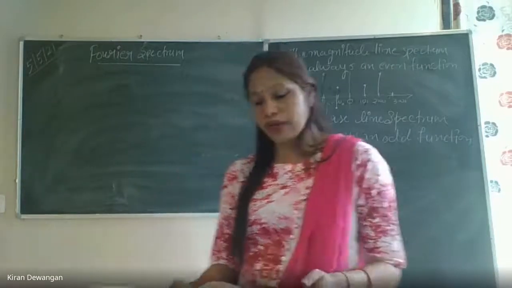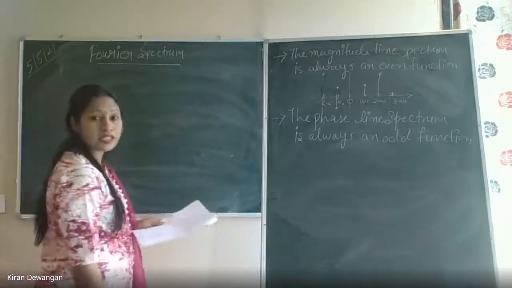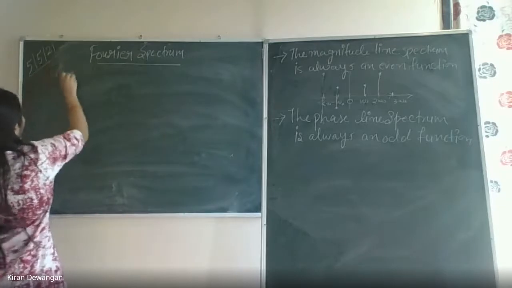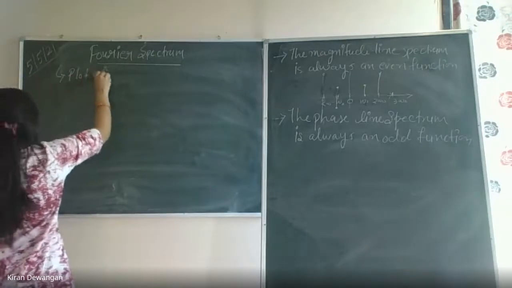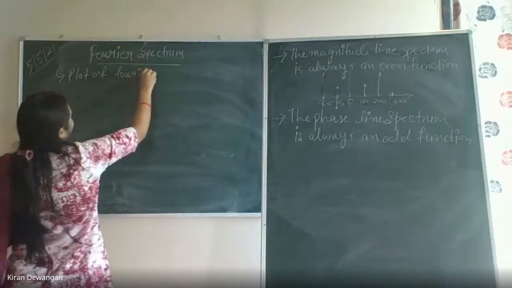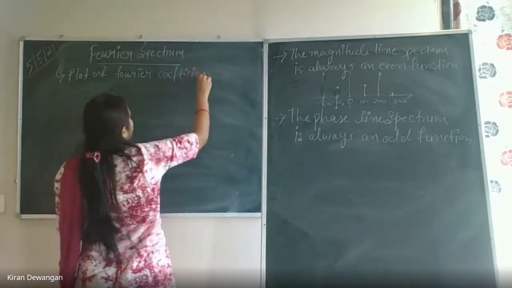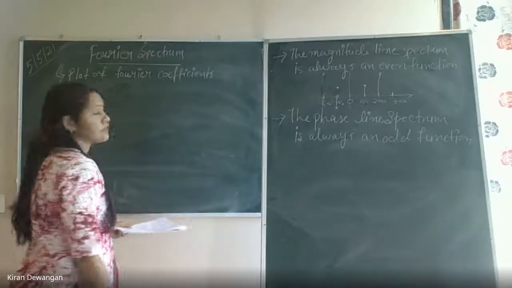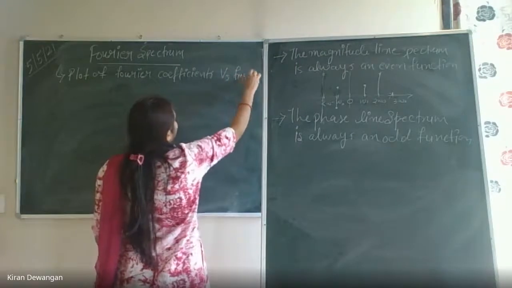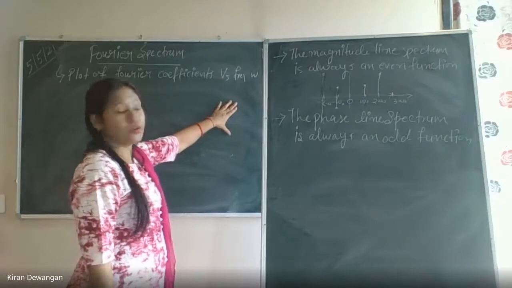Now we'll see how it is better. As we have seen, the Fourier spectrum of a periodic function x(t) is a plot. What is a Fourier spectrum? It is a plot of Fourier coefficients versus frequency omega. Now we need to know what actually a Fourier spectrum is.